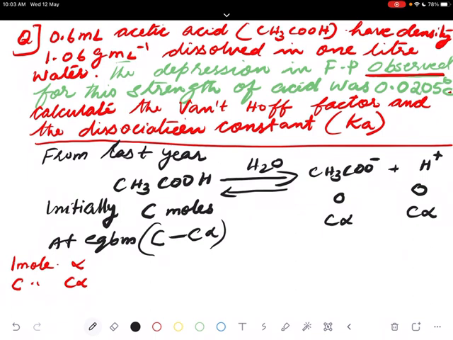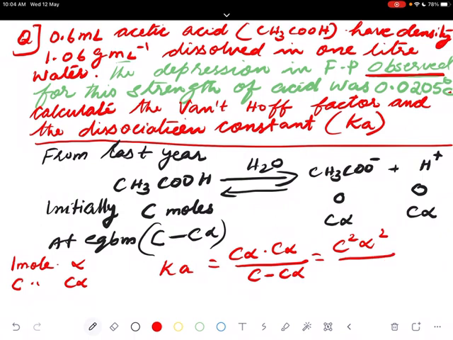What is Ka? Ka is equal to C alpha into C alpha divided by C minus C alpha. That is C square alpha square upon C into 1 minus alpha, and C got cancelled. So we write it as C alpha square upon 1 minus alpha. So you have to calculate Ka. Alpha we need. C you can calculate from this equation.